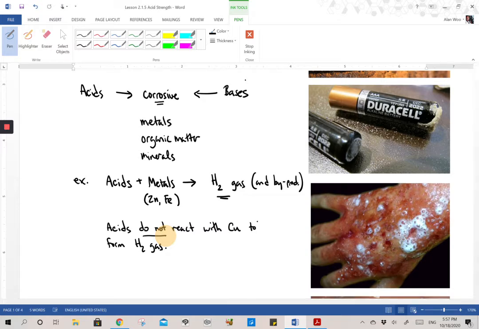The only acidic substance that will ever react with copper is nitric acid, HNO3.